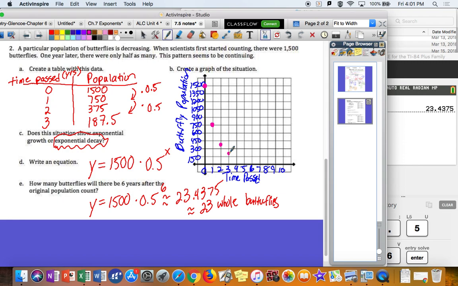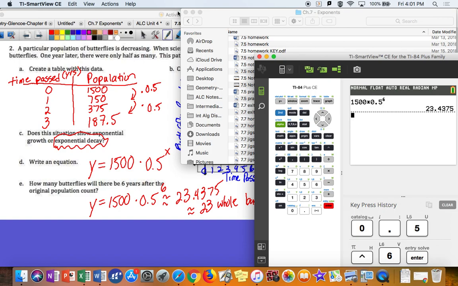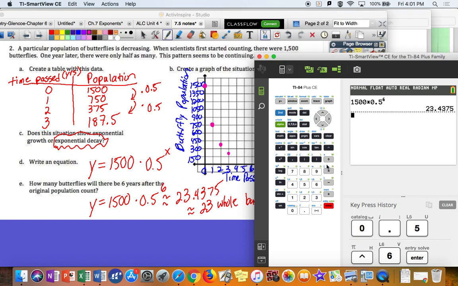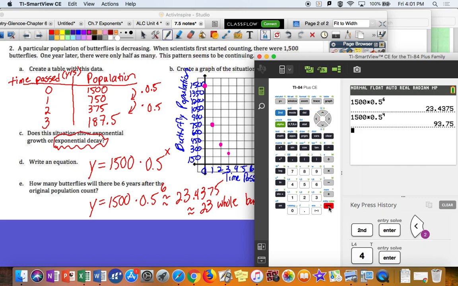All right, so we don't have the next one here, but you can see that if we plug in 4, and maybe I will have to go back to the calculator just to get a couple more values here. So I go back to the calculator, and if I want to basically just do the last problem here, but go to the power of 4, that gets me 93.75.